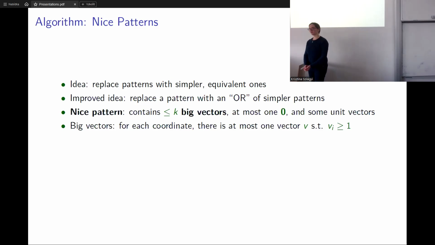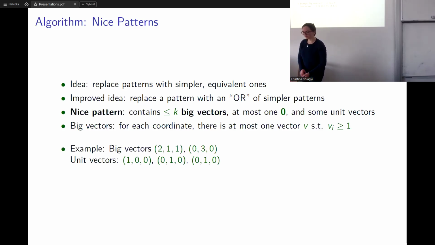So what are the simpler patterns that we want to work with? We call them nice patterns, and they look as follows. They contain at most k big vectors, at most 1 zero vector, and some unit vectors. Big vectors are the only vectors that have entries larger than 1. So for each coordinate, we can have at most one vector v such that v of i is larger than 1, and in all the other vectors, this v of i needs to be 1 or 0.